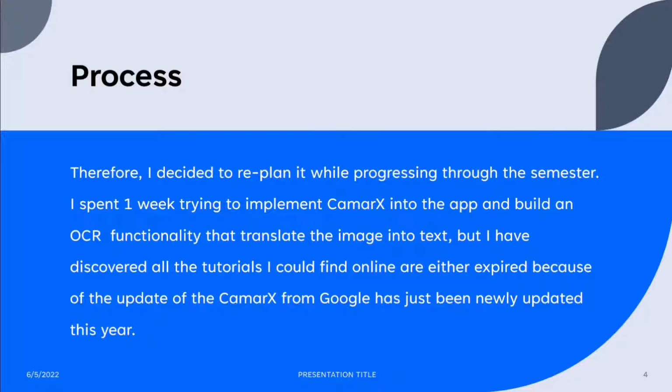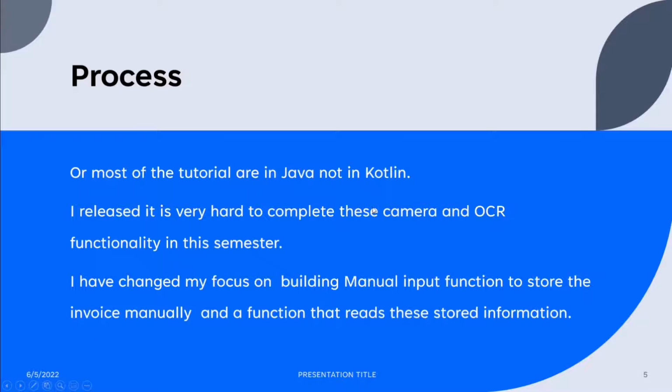But I discovered that all the tutorials I could find online were either expired, because CameraX from Google has just been newly updated this year, or mostly in Java, not Kotlin, which increased the difficulty of translating the code into what I want.